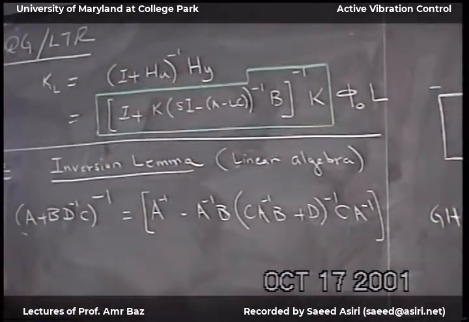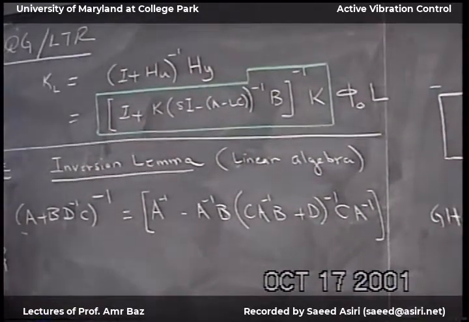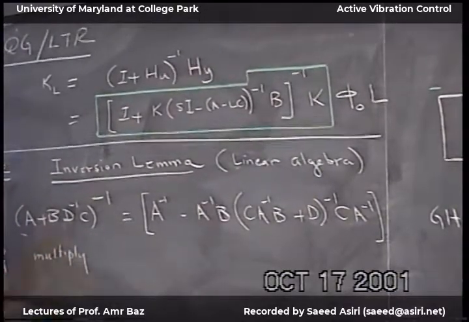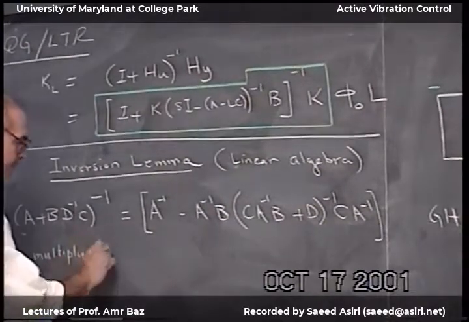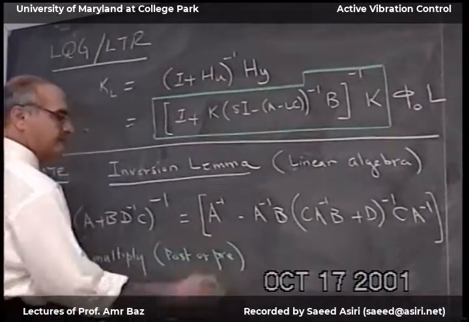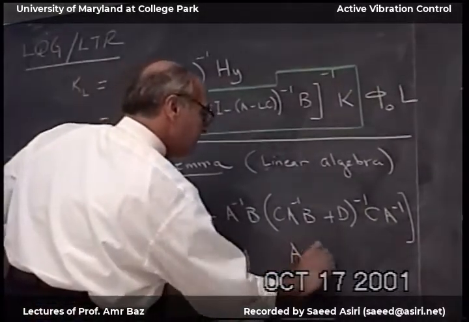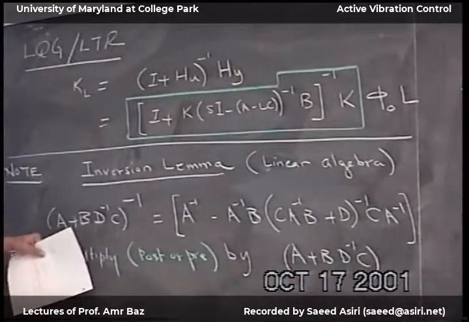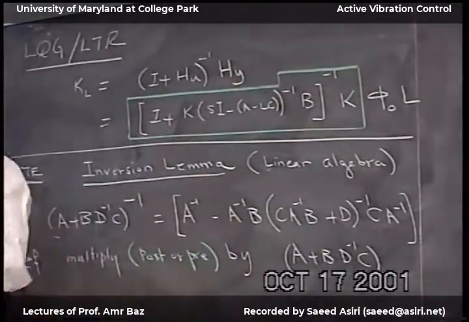And the proof of this is very simple. Multiply, and you can multiply either before or after, post or pre, by A plus B D inverse C. So of course the left hand side will equal identity matrix, the right hand side after little manipulation will equal to identity matrix.